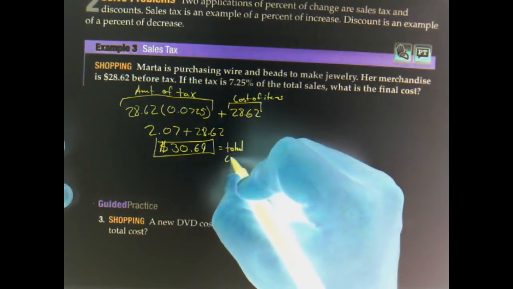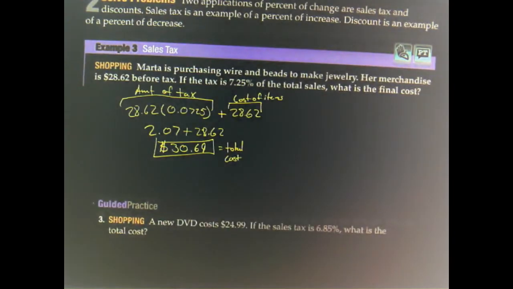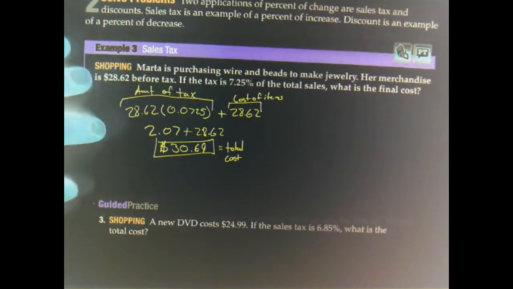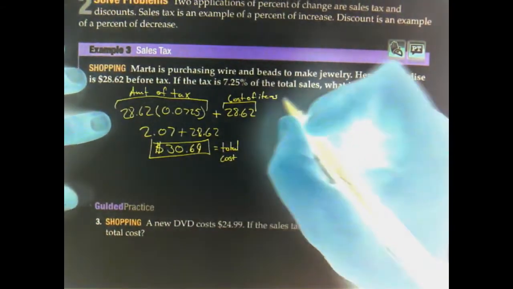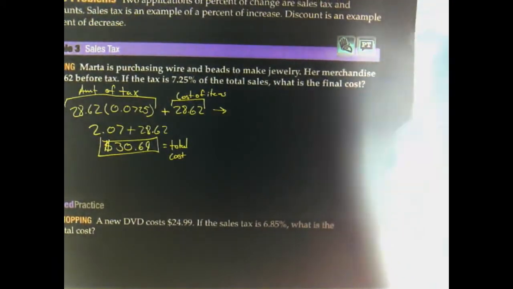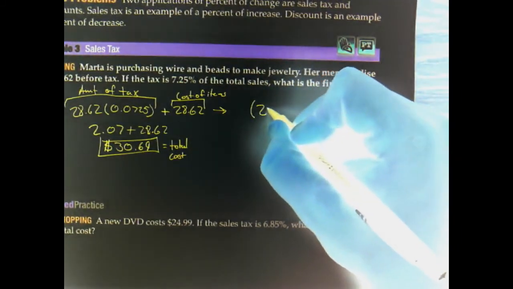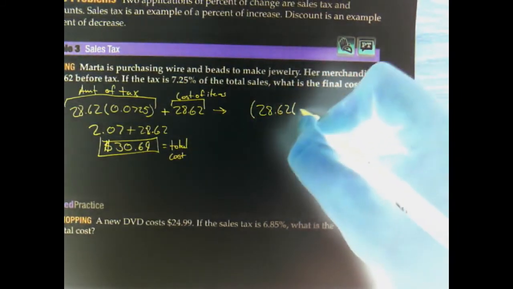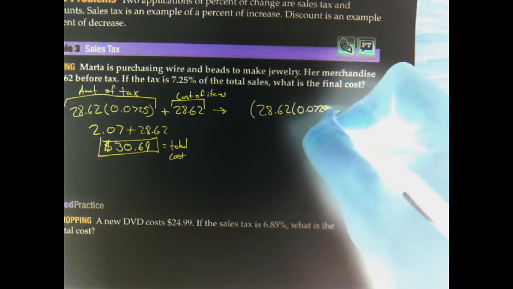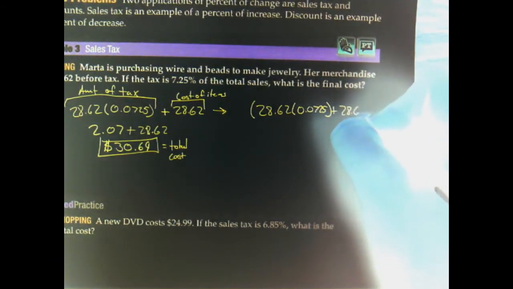There is a shortcut. When we're talking about tax, you need to add it to the original amount. So what we can do, instead of multiplying by 0.0725, you could multiply by 1.0725, because that's including the 28.62. And if we take a look at this as a binomial, 28.62 times 0.0725 plus 28.62.